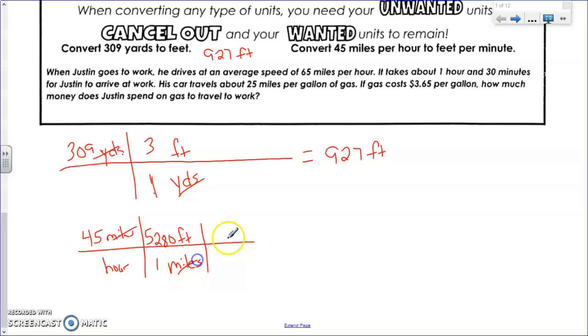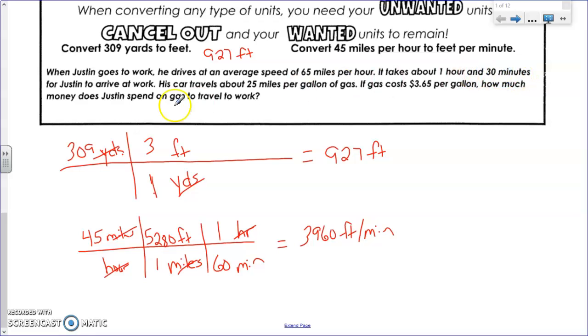The miles cancel, and then I need to go from hours to minutes. So hours, minutes, hours cancel. There's 60 minutes in 1 hour. I multiply across the top and divide by 60, and I get 3,960 feet per minute.